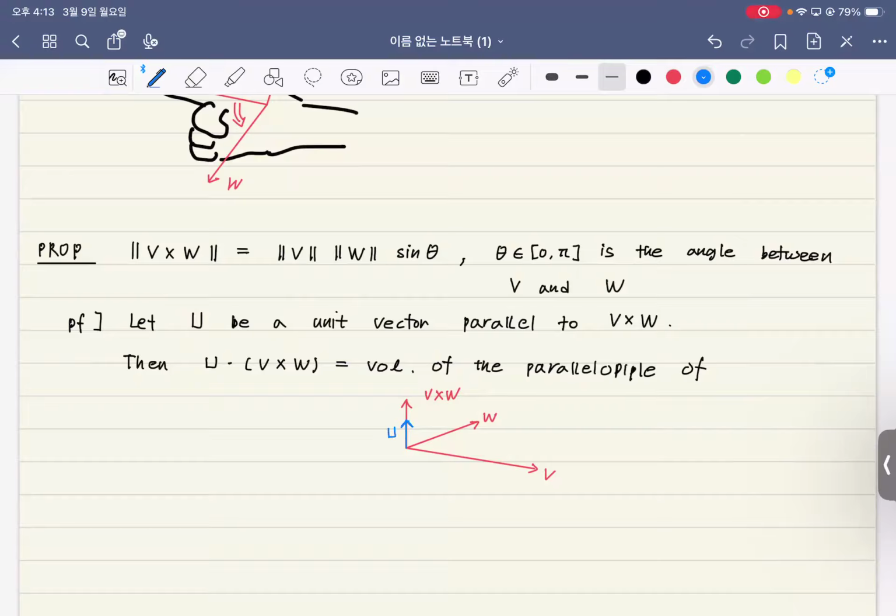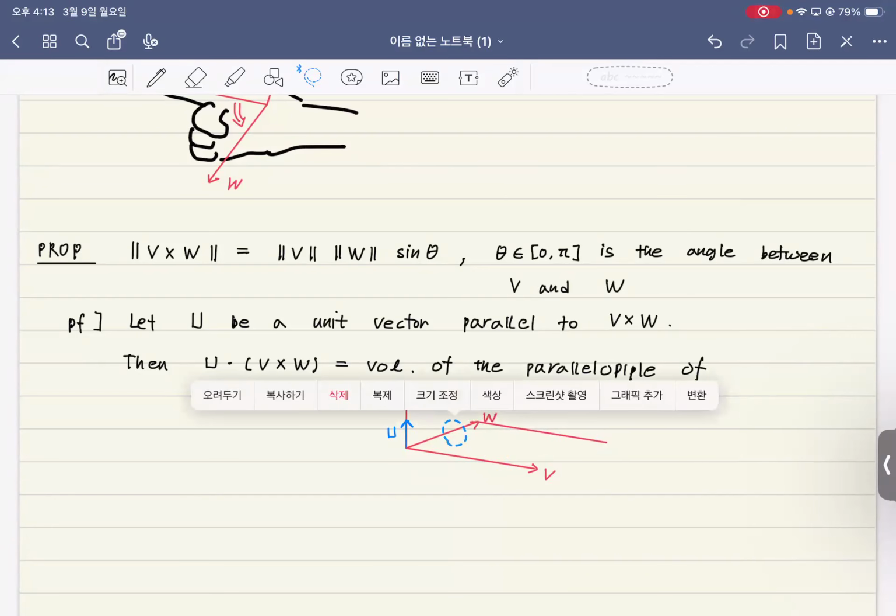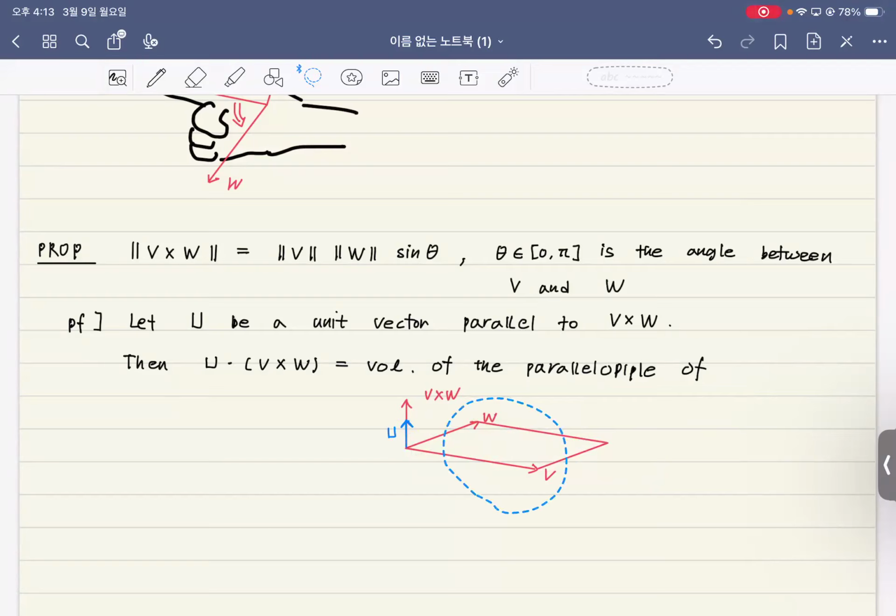Therefore, this blue vector would be my U. And this parallelepiped that we are talking about is this guy.